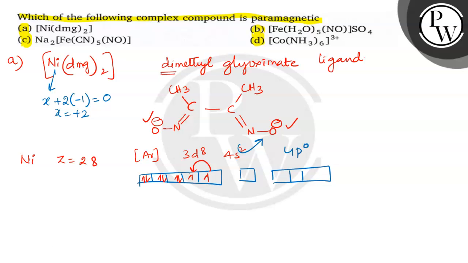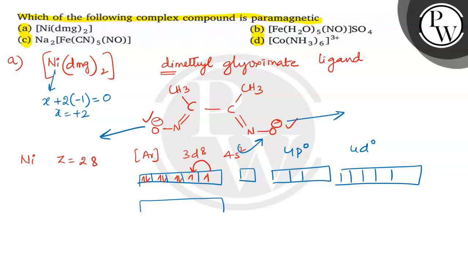For p also available, for d orbitals also available. But how many coordinate covalent bonds it is forming? It is forming one coordinate covalent bond with this nitrogen, one coordinate with this oxygen. So each one forming two coordinate covalent bonds. So 2 2s are 4 coordinate covalent bonds required. So 4 orbitals required for this.